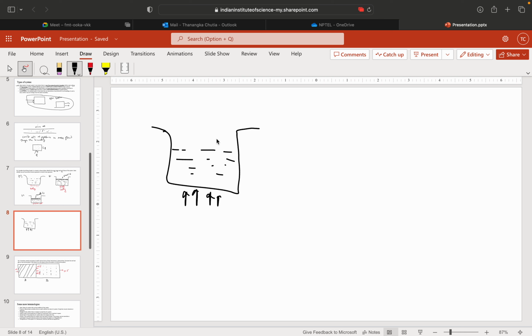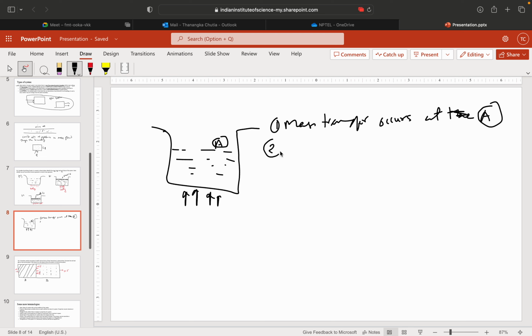So mass transfer occurs at position A. You can say that mass transfer from the system to the surroundings takes place through this A. A is just a plane, it's not a point.